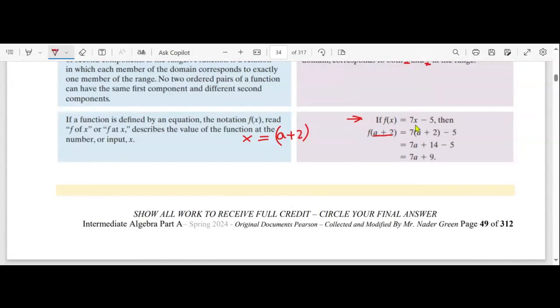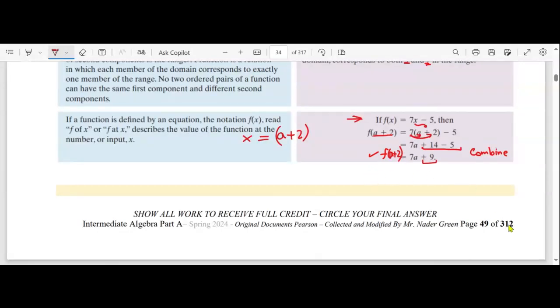Then the next step is to distribute, so you get 7a plus 14 minus 5. Next, combine like terms: 14 minus 5 is 9. And that's your final answer for f of a plus 2.